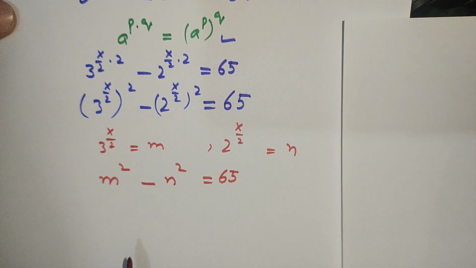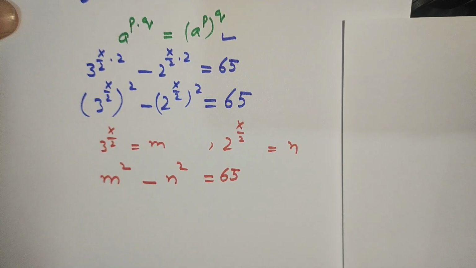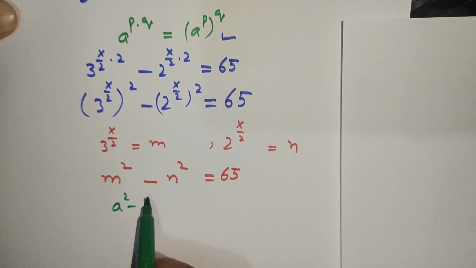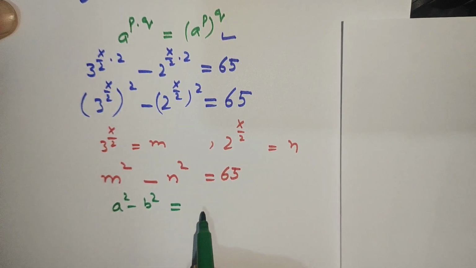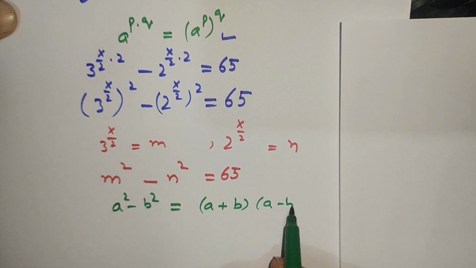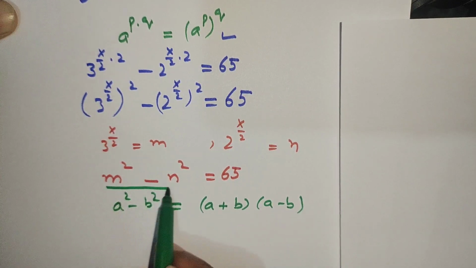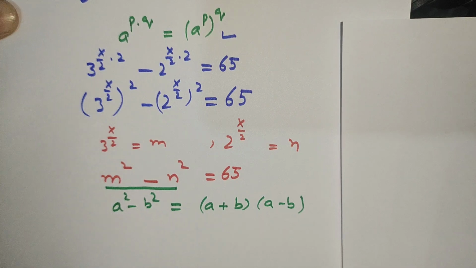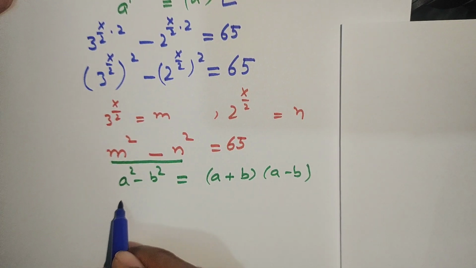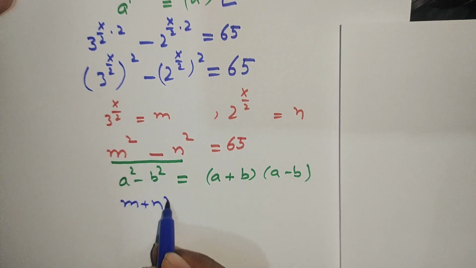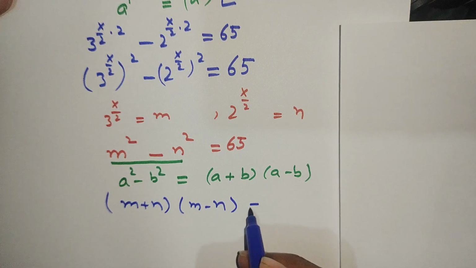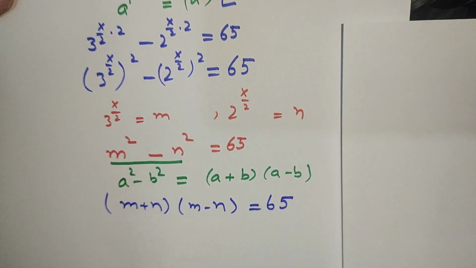It is very simple and we have a very interesting formula that a square minus b square is always equal to a plus b into a minus b. By using this formula on the left hand side of the above expression, we simply have m plus n multiplied by m minus n is equal to 65.